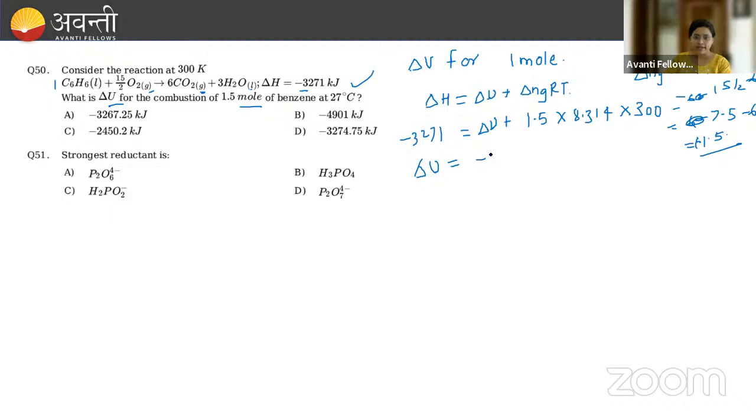It is equal to minus 3267.25 kilojoule. Since you got this value for 1 mole, what will be the value for 1.5 mole? Just multiply this by 1.5. You will get delta U for 1.5 mole, and that is equal to 4900.88. So you will get the answer B.